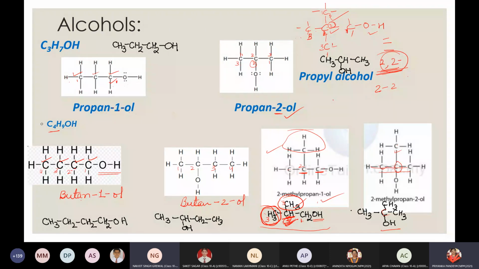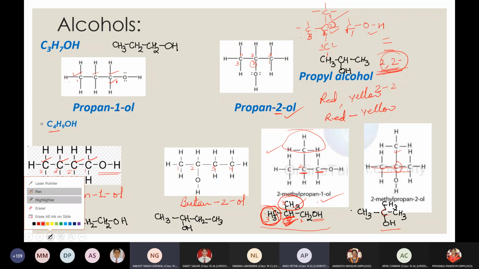If I talk about 2 colors, what do we write? Red comma yellow, not red dash yellow. When 2 things of the same kind are there, we differentiate with the help of a comma. When we write 2 numbers, it is always with a comma that we differentiate them. Understood? So it will be 2 comma 2. Got it?